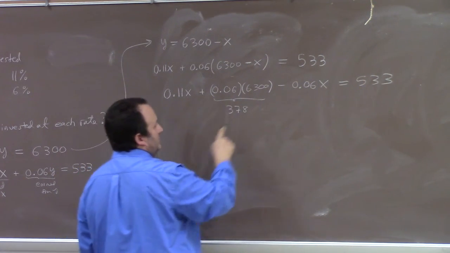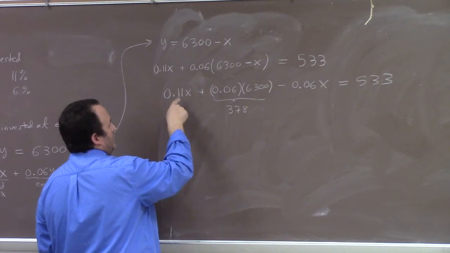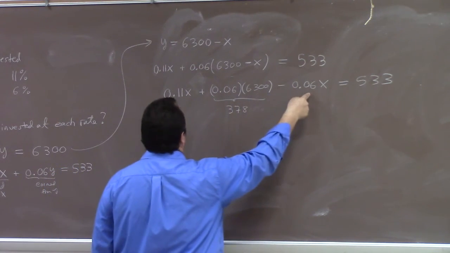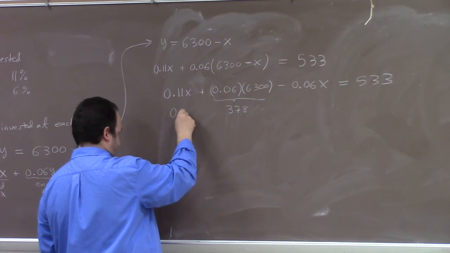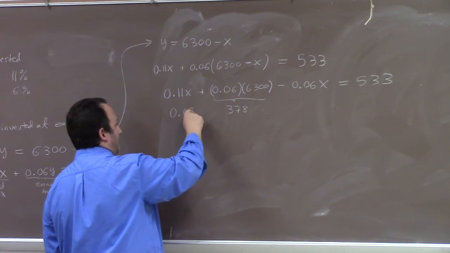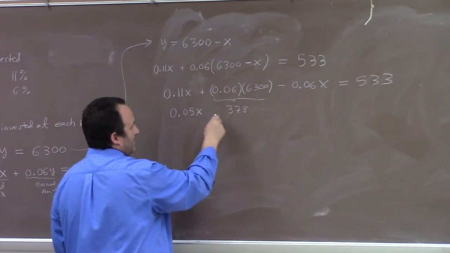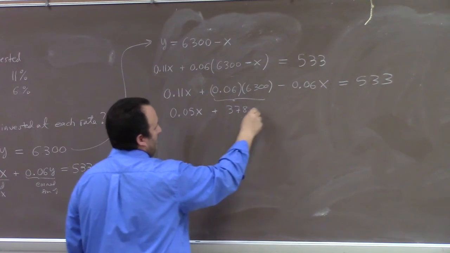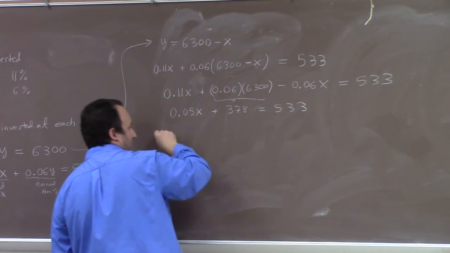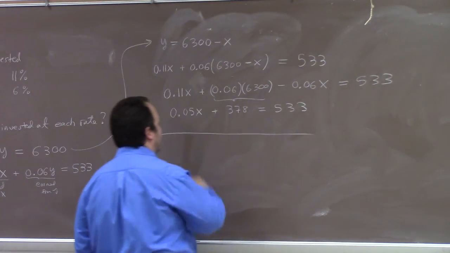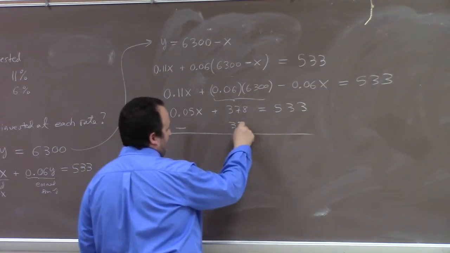All right, and what is 0.11 minus 0.06? 0.05. Time for some vertical subtraction.